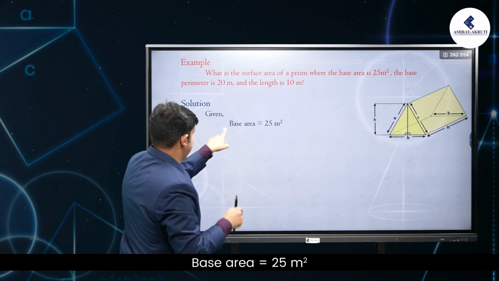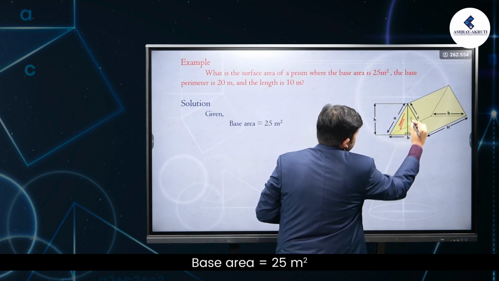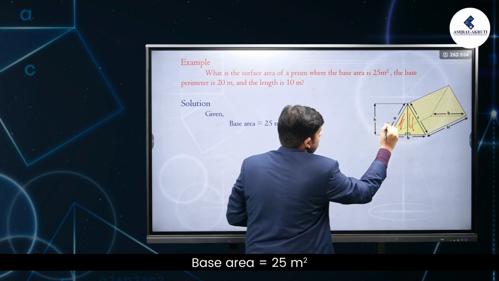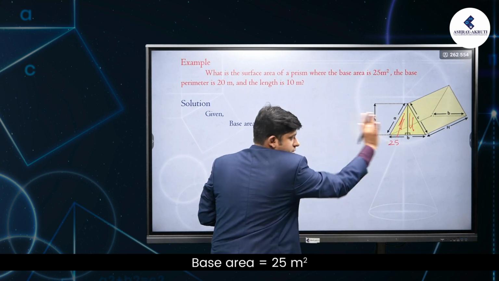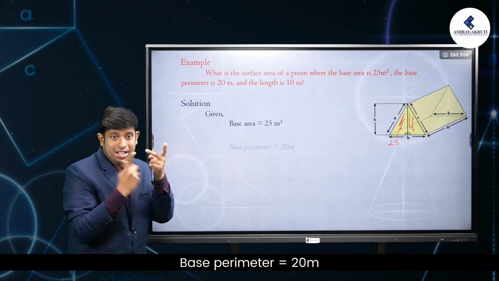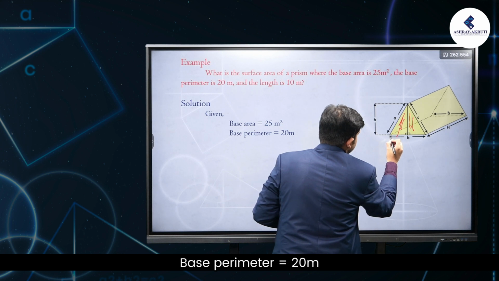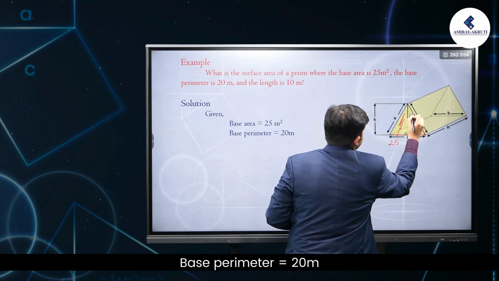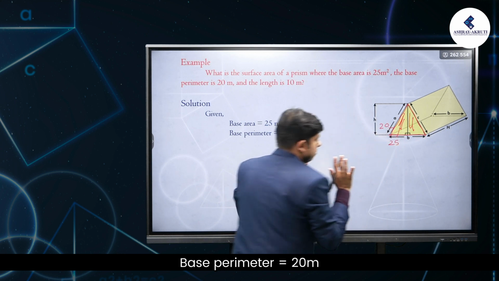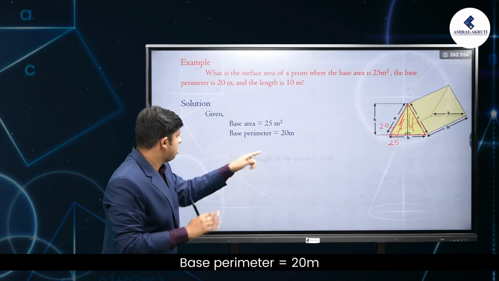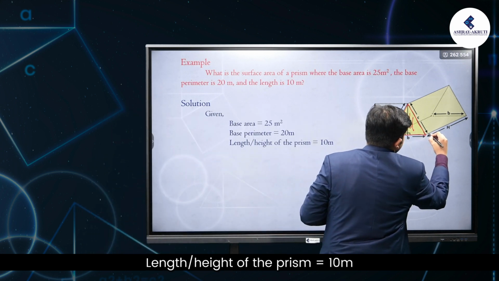Given base area is equal to 25 meters square. Base perimeter is equal to 20 meters. Length / height of the prism is equal to 10 meters.